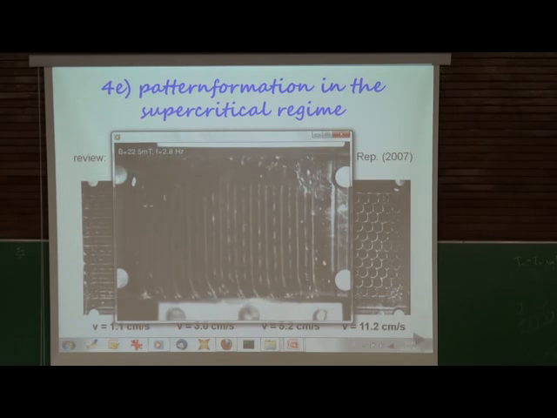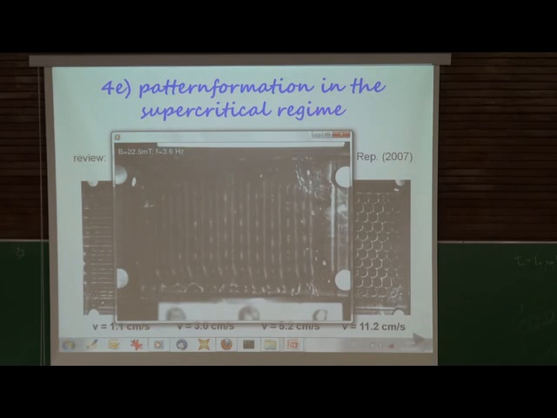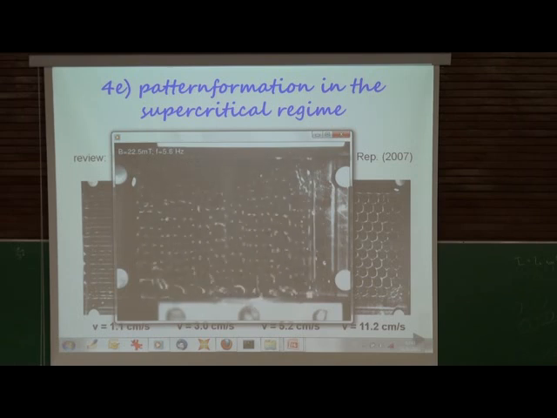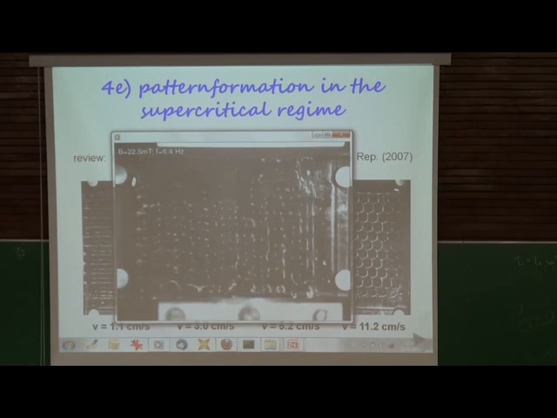And you say this is a first order transition, because it seems that you have a difference in the symmetry between the hexagonal and the square. You cannot have a continuous transition. Yeah, right, that's true.